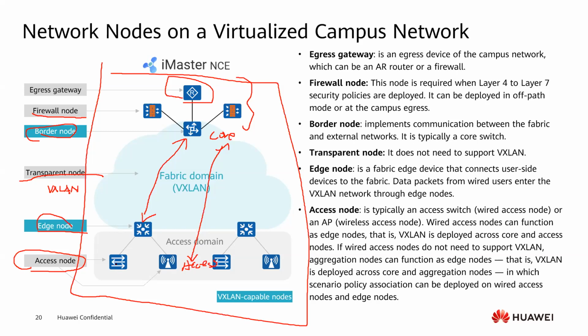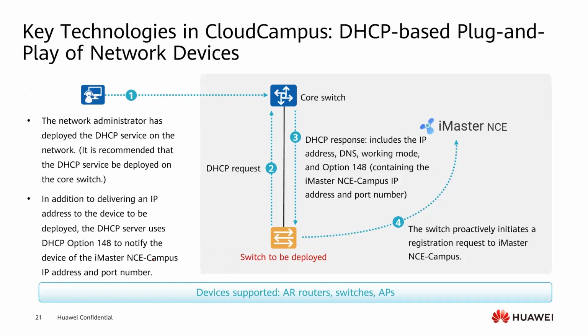And so in this scenario, you can use the policy association to make this point the authentication control point, and this point the authentication enforcement point. Access point, sorry.